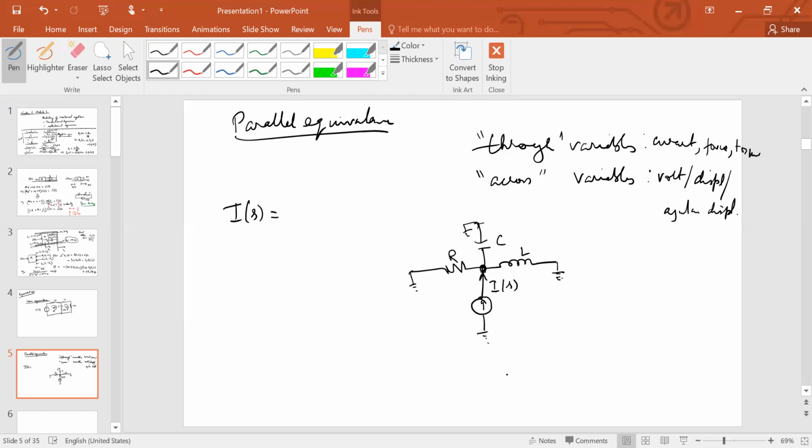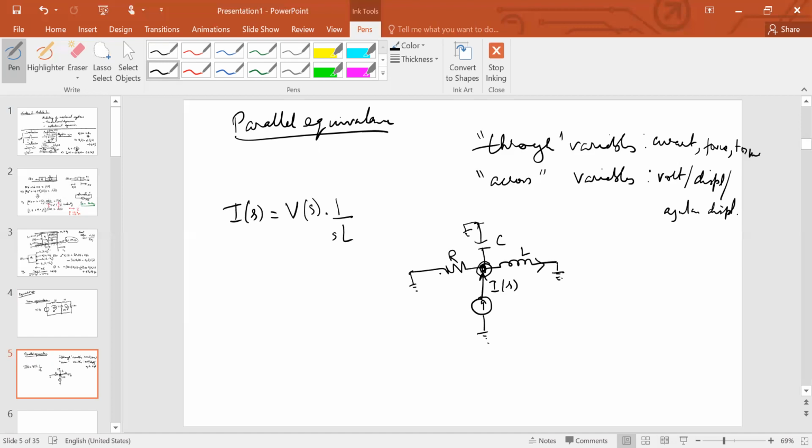All right. So what is this current going to be equal to? If you are interested in finding the voltage at this junction, then this is how you write it. This is going to be V of S divided by 1 over SL. That is this current, right?